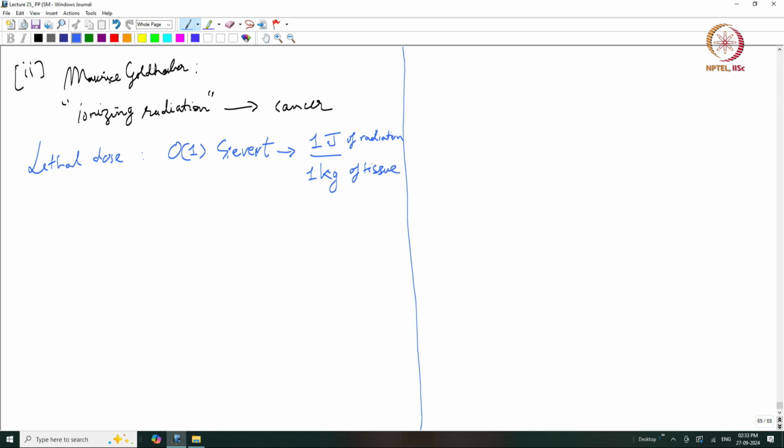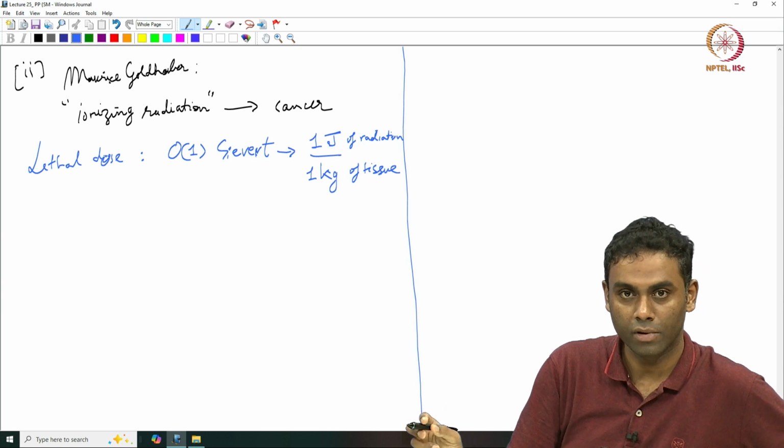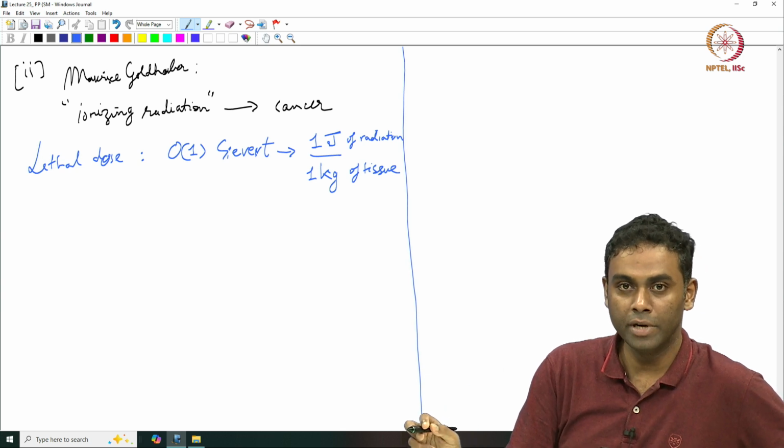So, if over some period of time you got 1 joule of radiation from some radioactive source in just 1 kilogram of your tissue, that is already a lethal dose, that is enough to kill you. Okay. So, Goldhaber made use of this.